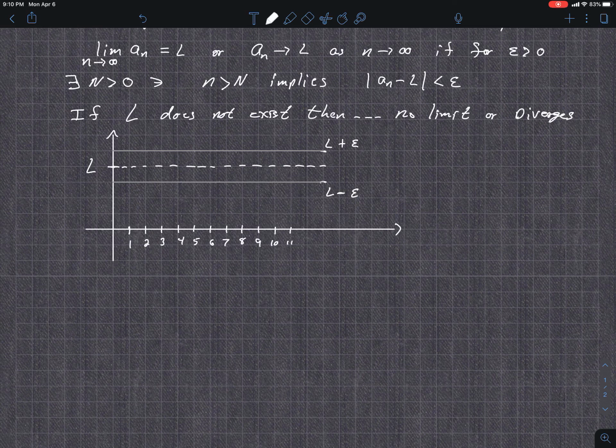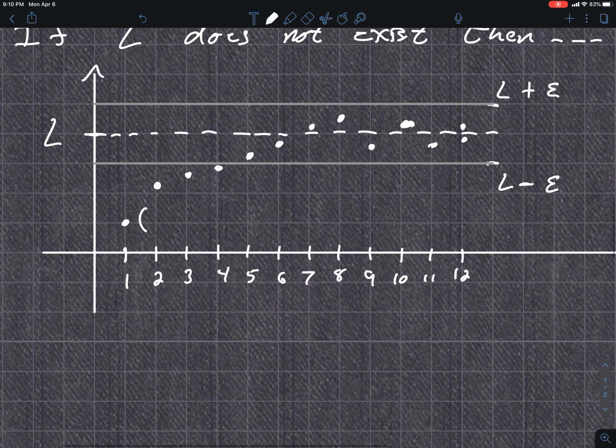This is 1, 2, 3, 4, 5, 6, 7, 8, 9, 10, 11, 12. Your first point may be here, your second point here, third point here, and then eventually it's going to be within that, but not come back out of it. Maybe it goes up like this, and then back down. So then it eventually goes like that.